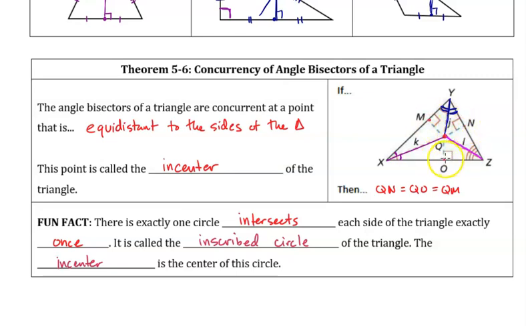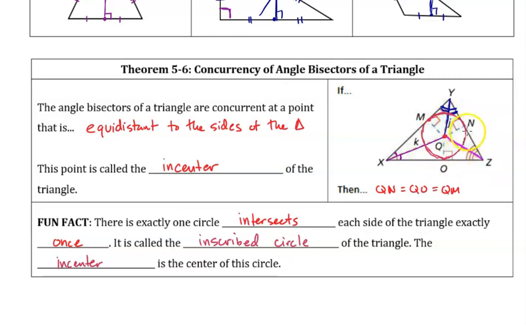So I'd stretch that compass out so that it was from Q to O or from Q to N or from Q to M. And then if I drew that circle, it would maybe look something like this. If I can sketch that out fairly accurately, it would maybe look something like that. And you can see that that's just intersecting each side of the triangle in one place.